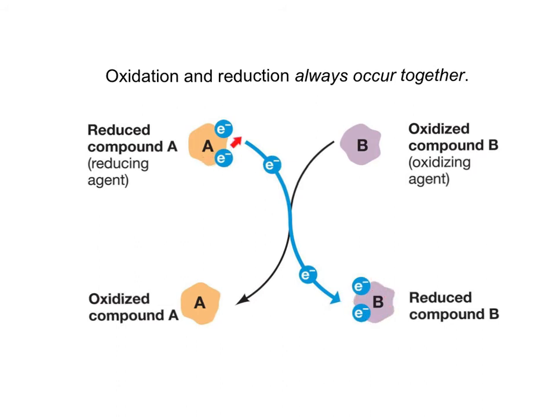You'll also notice that A started with some electrons, and at the end of the reaction there are no electrons present anymore. In that case, A has undergone oxidation, and B has undergone reduction.